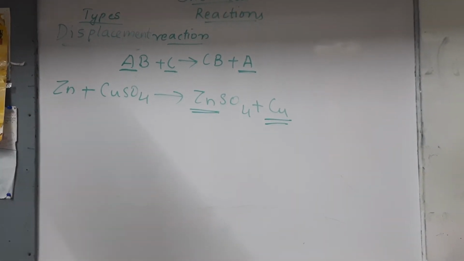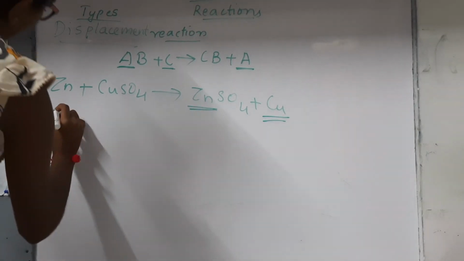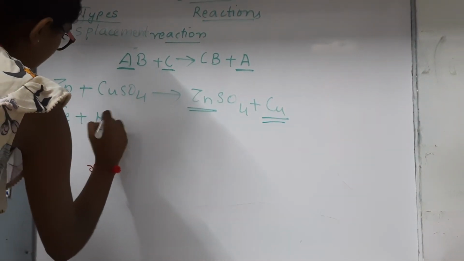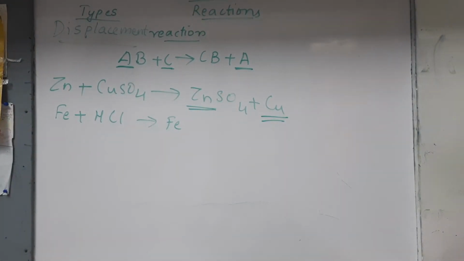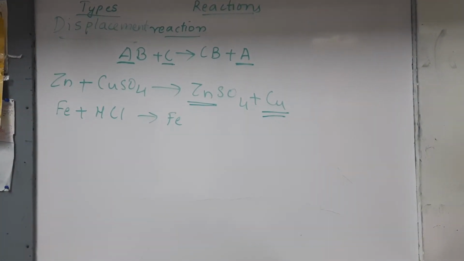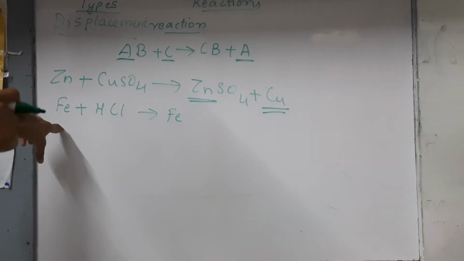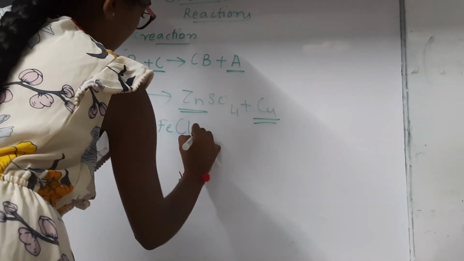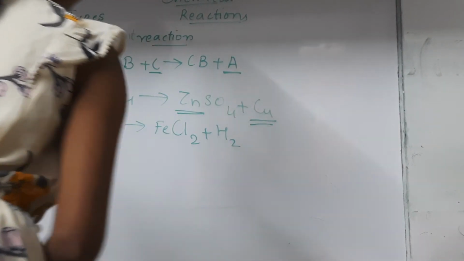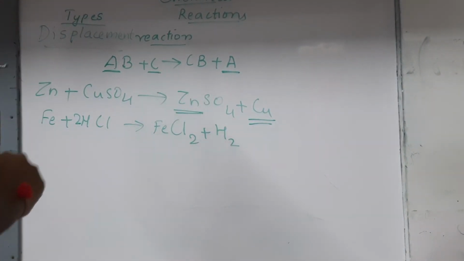One more best example is Fe plus HCl gives you Fe what? It may be 1 or 2. When there is no mention, you have to take it as 2. So FeCl2 plus H2. So we have to balance this equation.